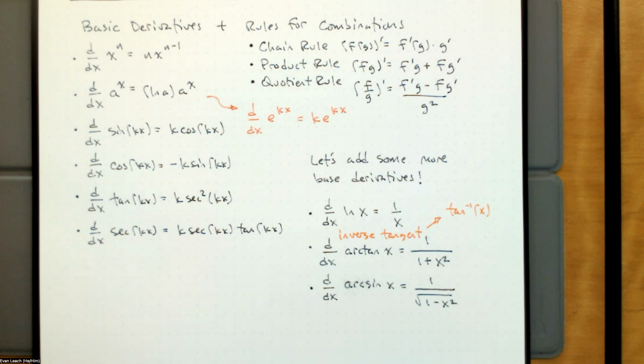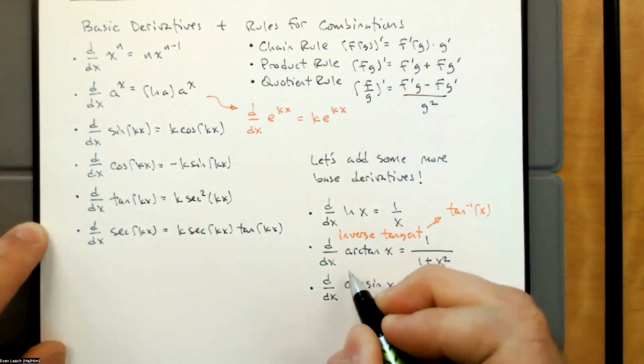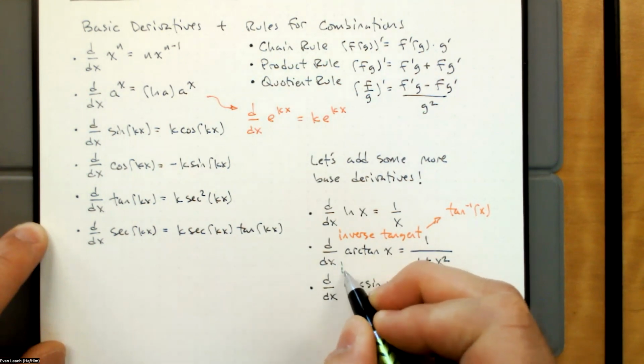So arc sine, we could say arc sine, just like we spell it, or we could say inverse sine. And similarly, sometimes this is written as sine to the -1, but we don't say sine to the -1. So this is inverse sine.